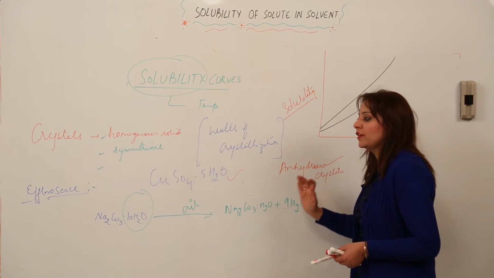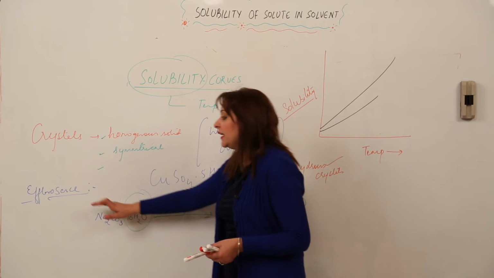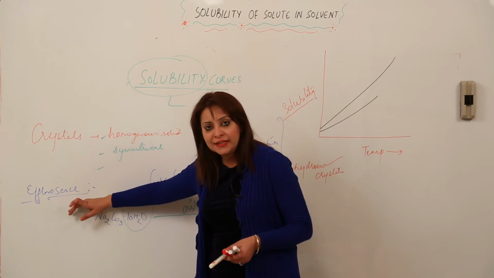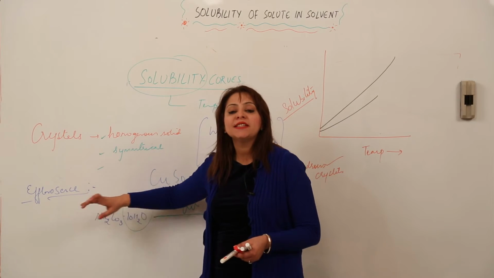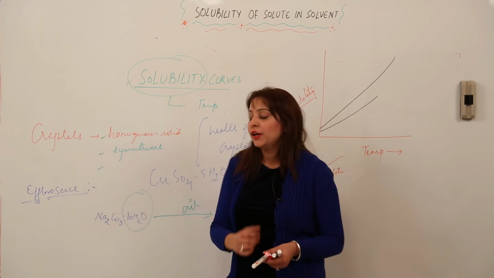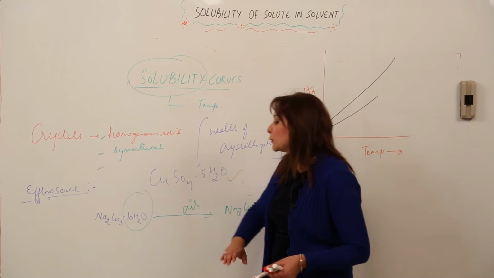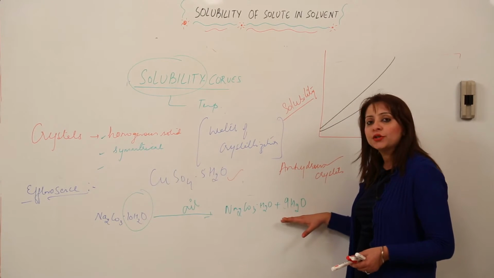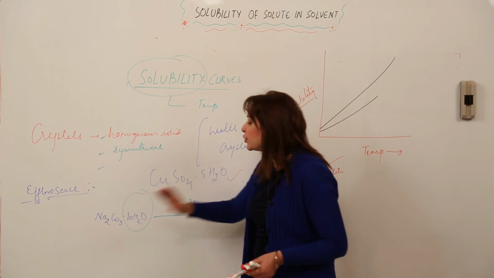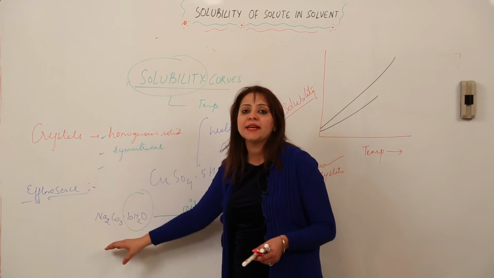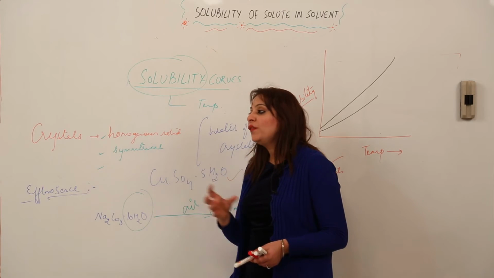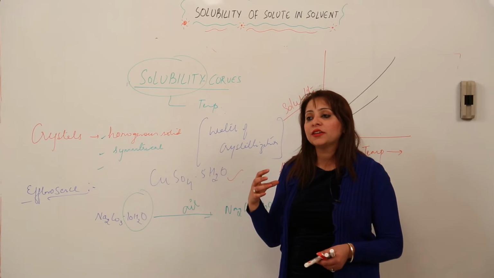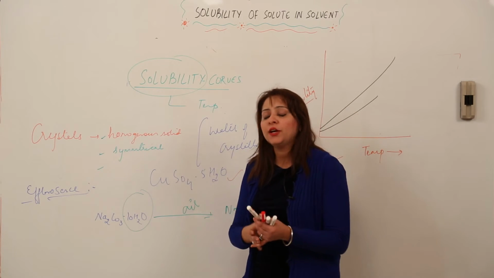So this is efflorescence. What is efflorescence? It is the loss of water of crystallization when any substance is exposed to air. For example, in this case, I have exposed washing soda in air. So the loss of 9 molecules of water of crystallization when washing soda is exposed in air is called efflorescence. You should know these terms, because we get confused with efflorescent, deliquescent, hygroscopic.